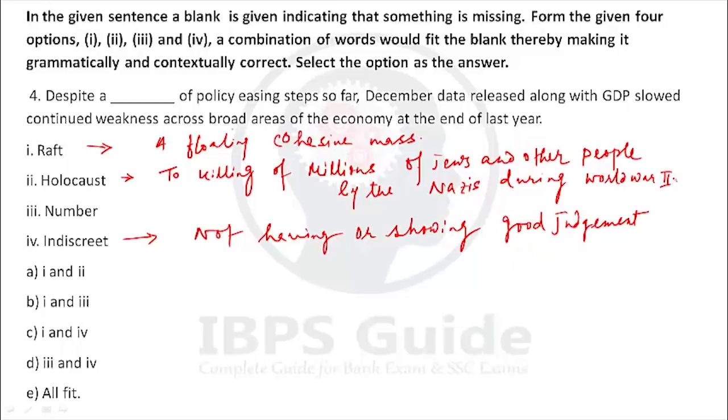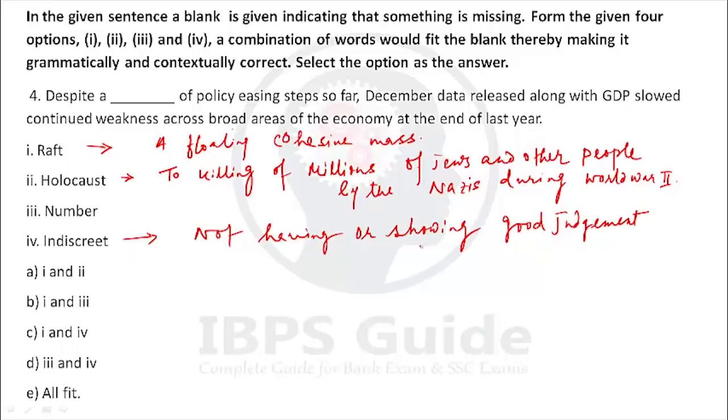So which can be the correct option? "Despite a number", definitely the third option is applicable. Option A is wrong, option B may be right, option C is definitely wrong, and D. So the answer may be B, maybe D. The fourth option is indiscreet.